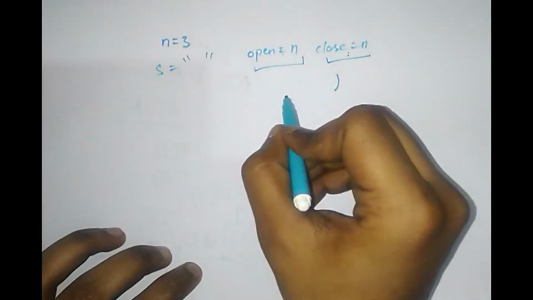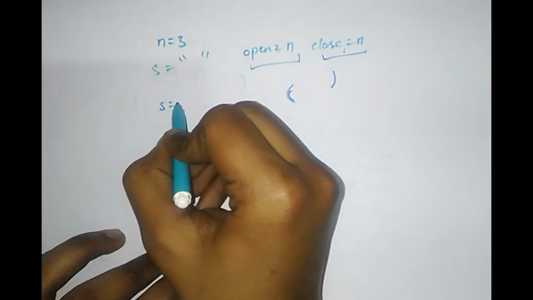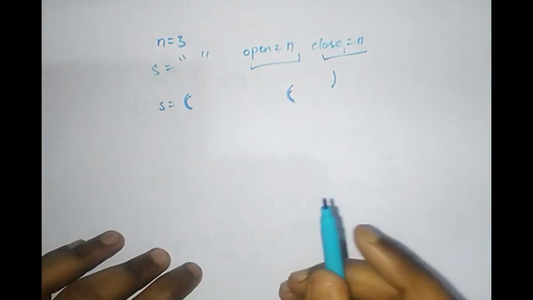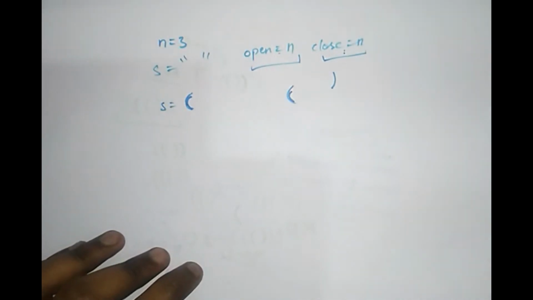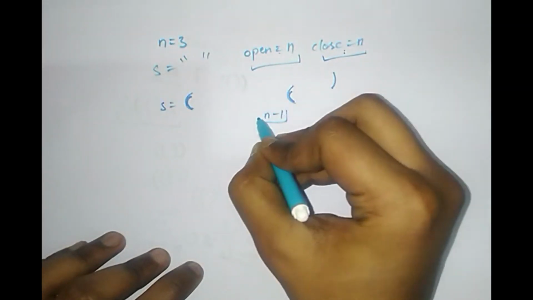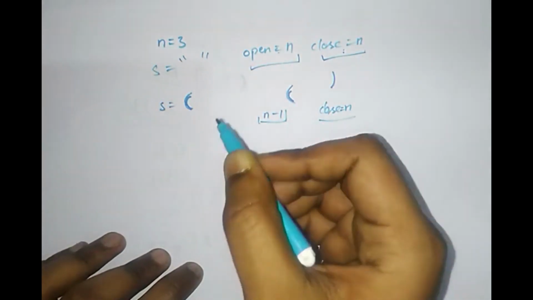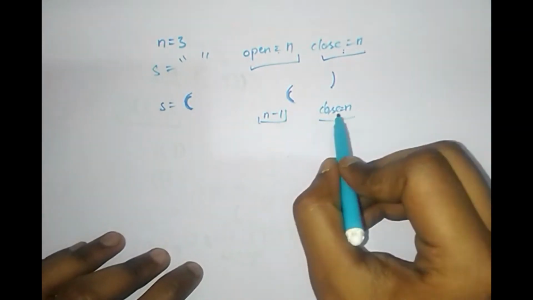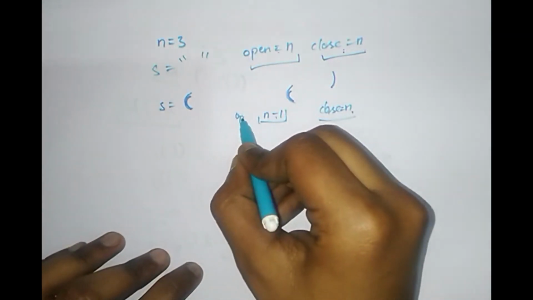So I will append an opening bracket, and s is equal to this now. Now my open will be n minus 1 and close will be n. Now my close is greater than open.